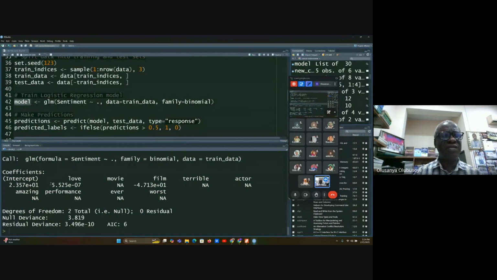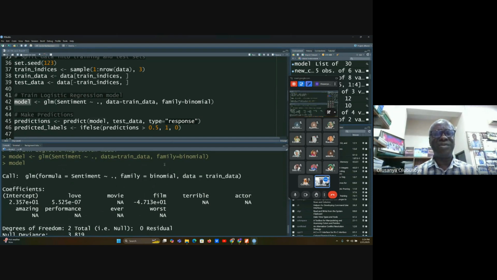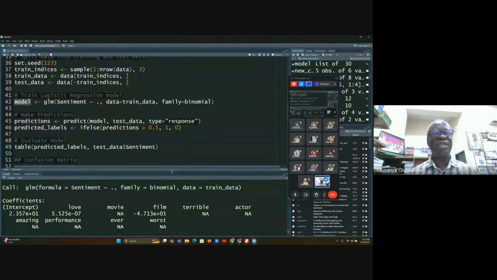This is the coefficient for the intercept. This is the coefficient for log, and so on. There are coefficients without value, so NA, but I don't want to disturb you too much on that. We are bothered more about the prediction. So we can predict using the model that we have. This same model can now be used for prediction, but we are only predicting.